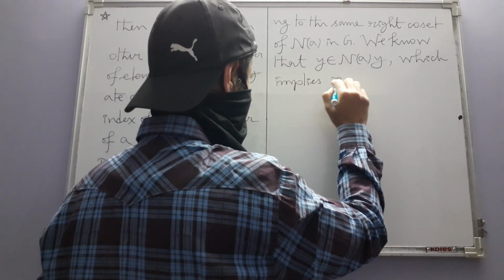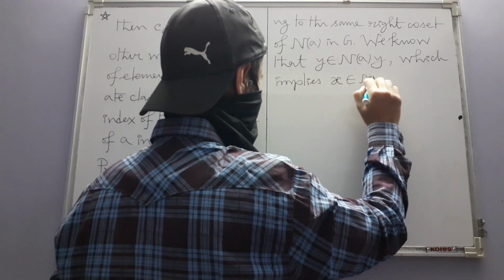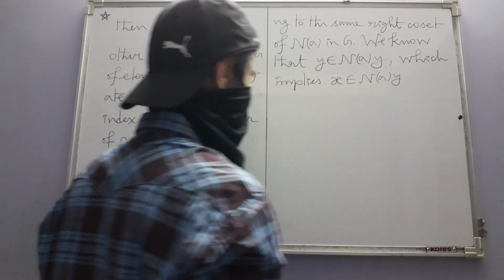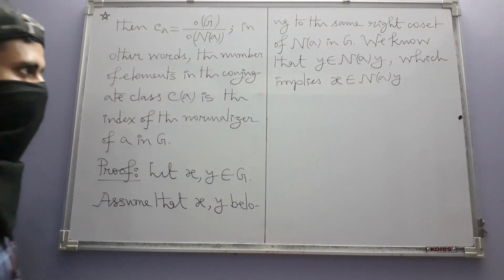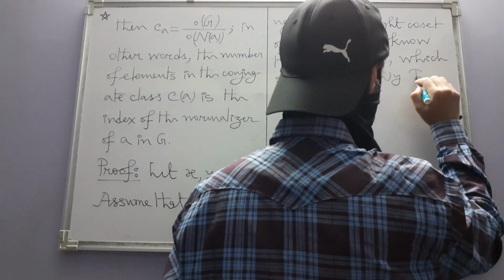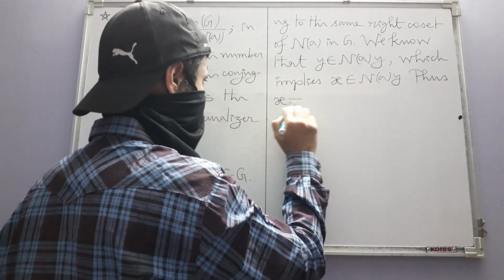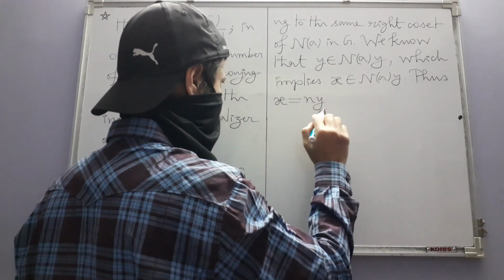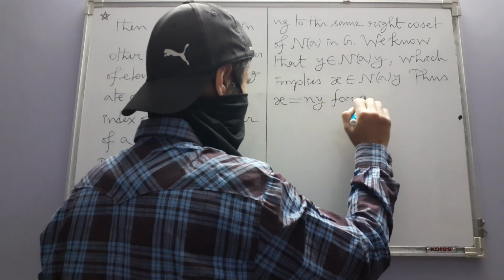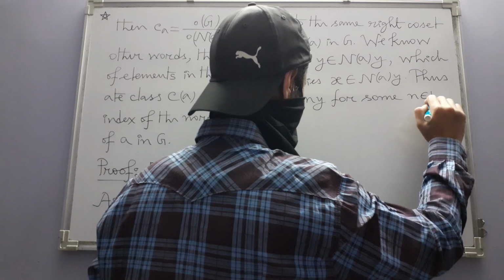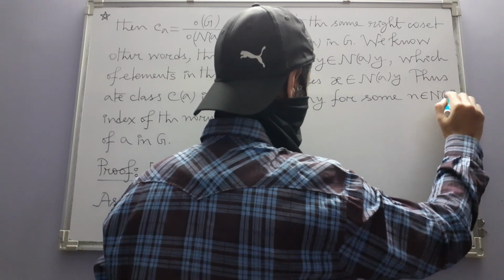Which implies x also belongs to N(A)y. Thus, x is equal to ny for some n belonging to N(A).